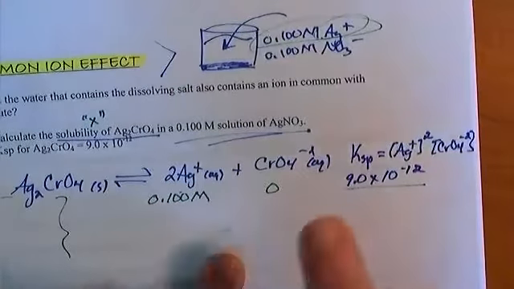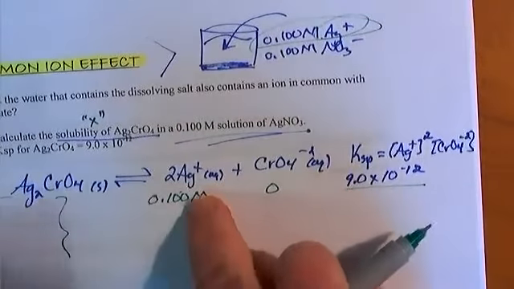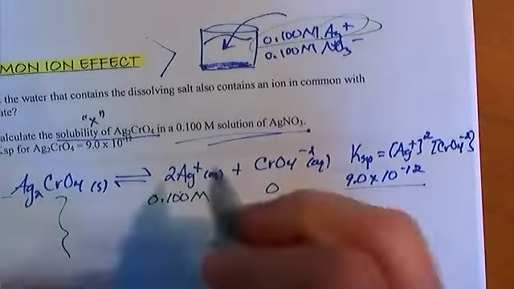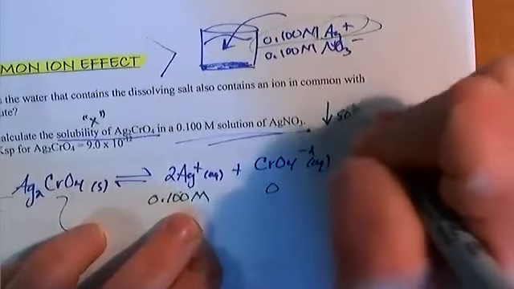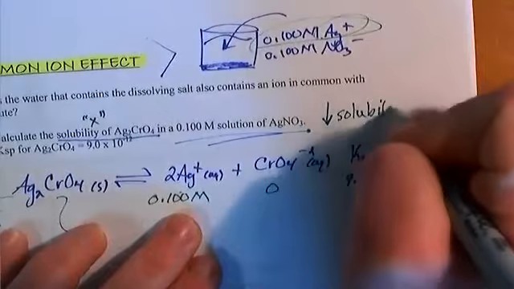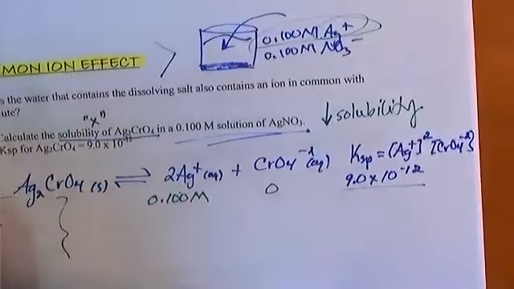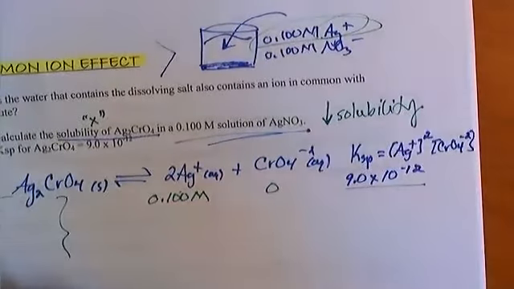But if we are already starting with some initial amount, we don't have to shift as much to the right. And so a common ion decreases the solubility of the given insoluble solid. We don't have to make as many ions. And so X will be smaller than if this were 0 and 0.